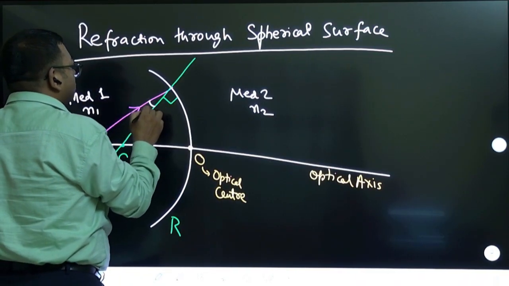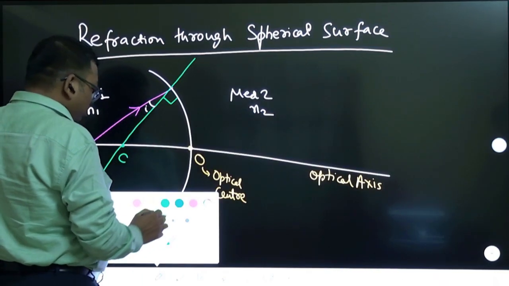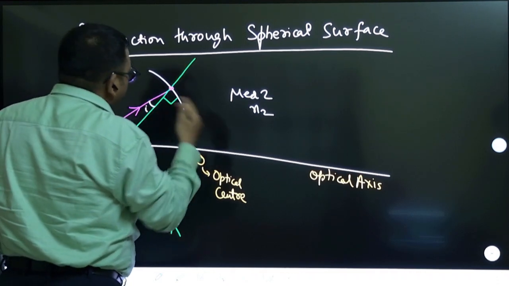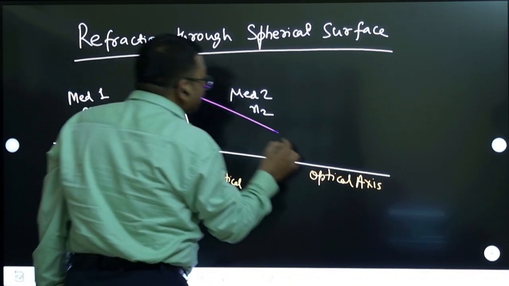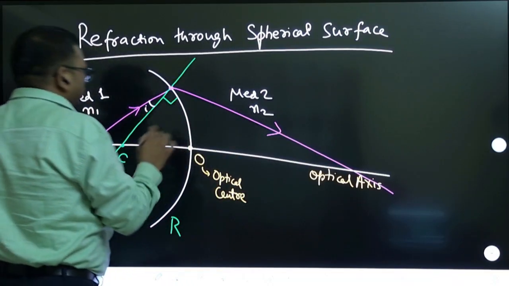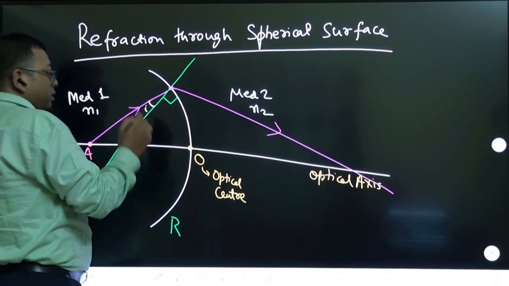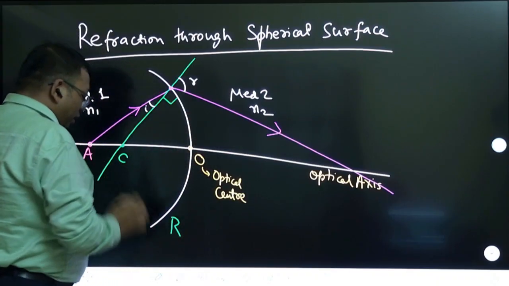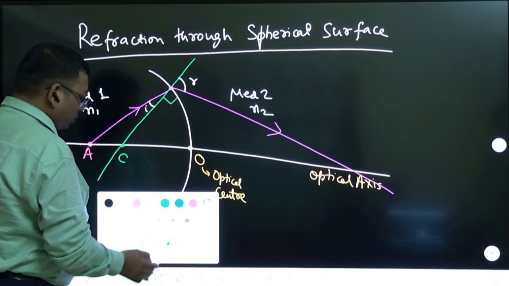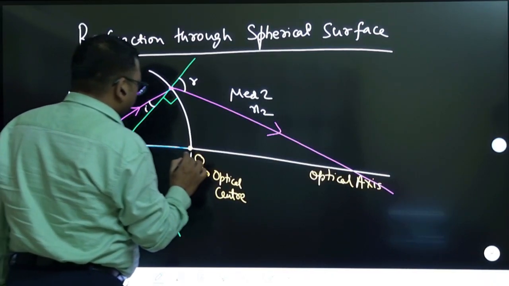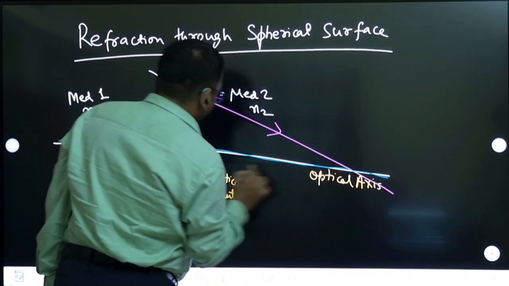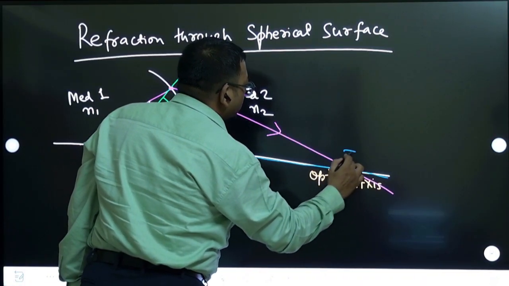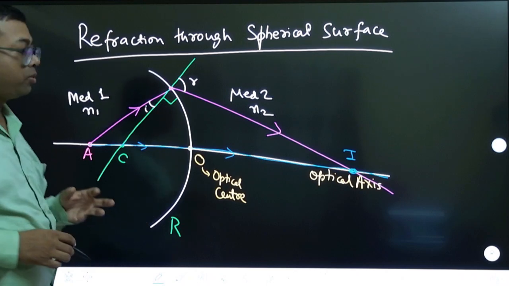At the point where incidence happens, refraction takes place and the ray bends like this. This is the refracted ray, this is the incident ray, this is the angle of incidence, and this is the angle of refraction. One ray you can take going directly in a straight line like this, and another ray like this. These two rays meet here. This is the image. We have got the point image.